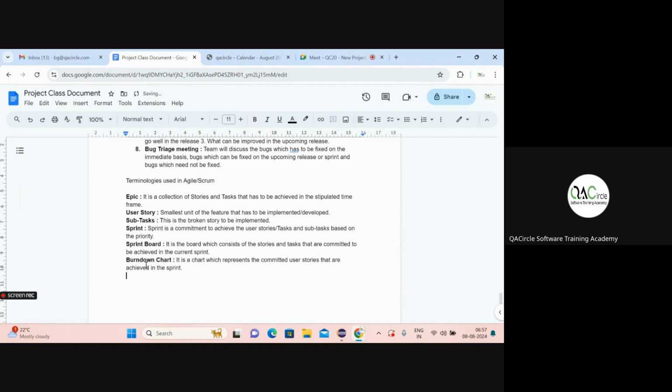Okay, this is one more terminology. Epic, user story, subtask, sprint board, burn down chart, and spillover.